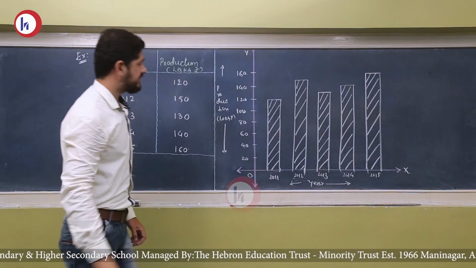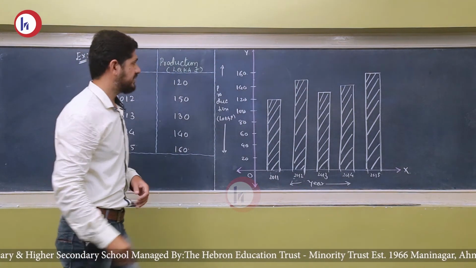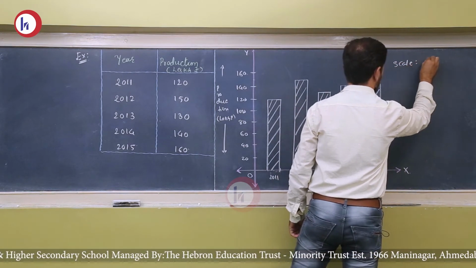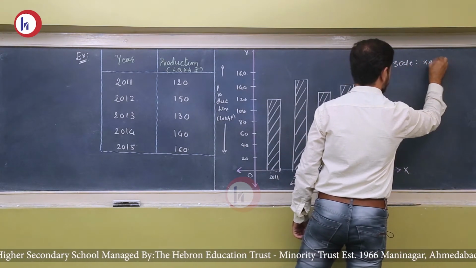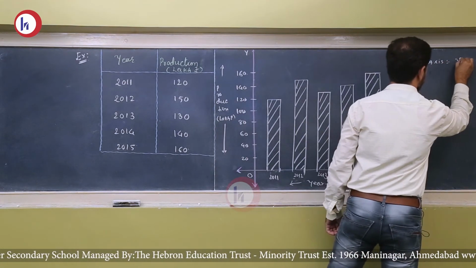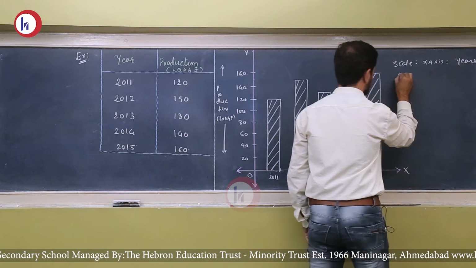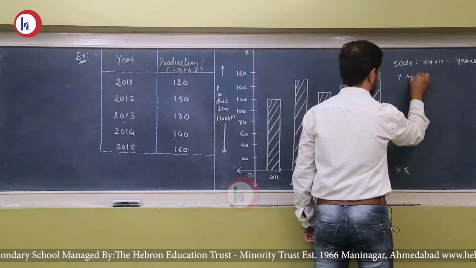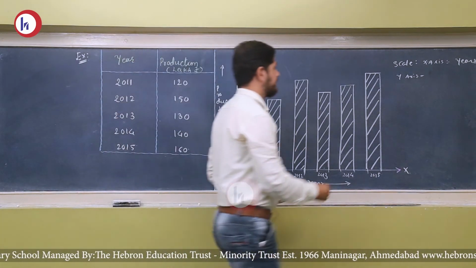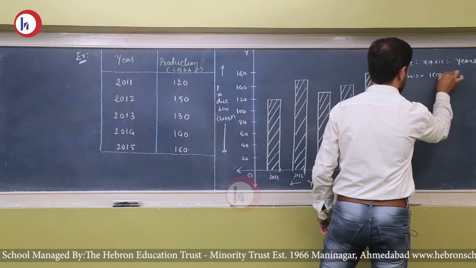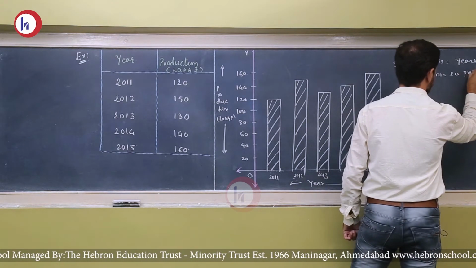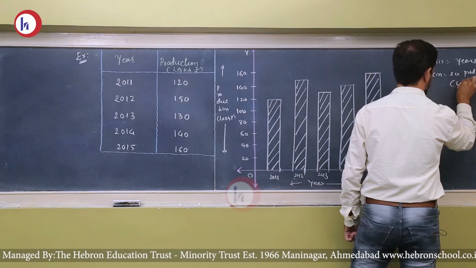Now, what's remaining in this graph? The scales, right? So we'll write the scale. On the x-axis it is the years, and the y-axis represents the production in lakhs. So 1 centimeter is equal to 20 production in lakh.